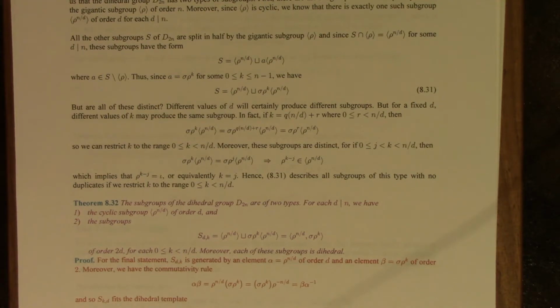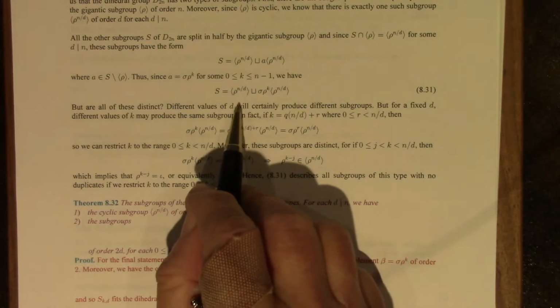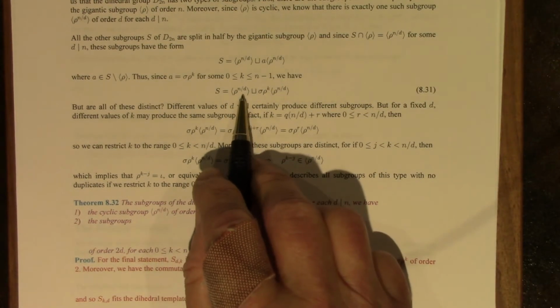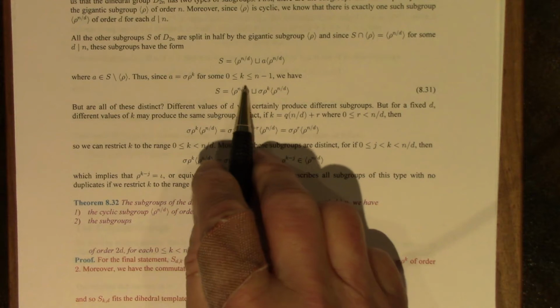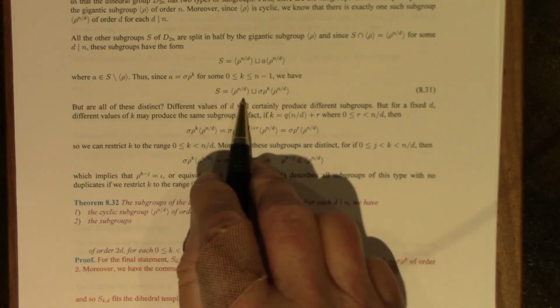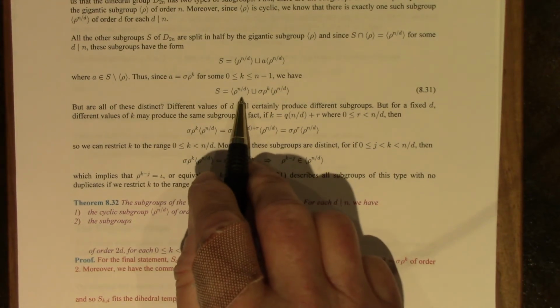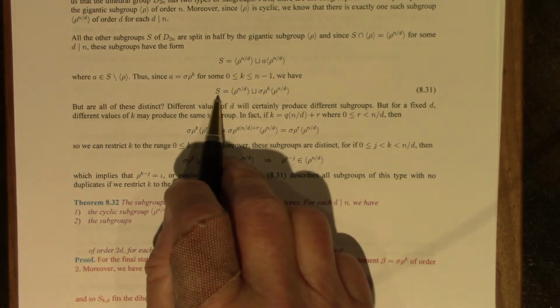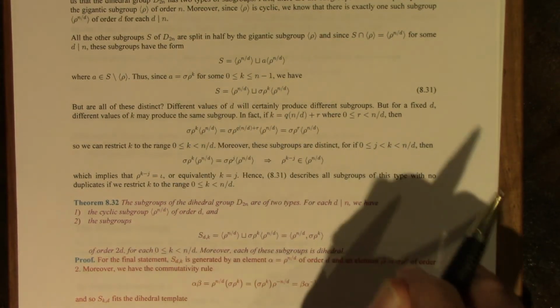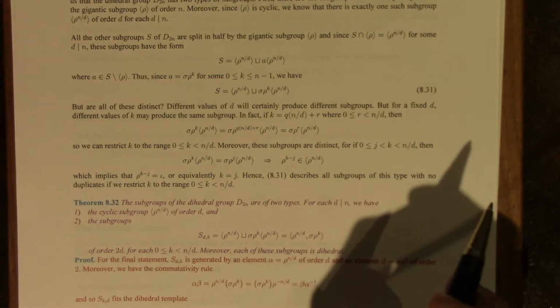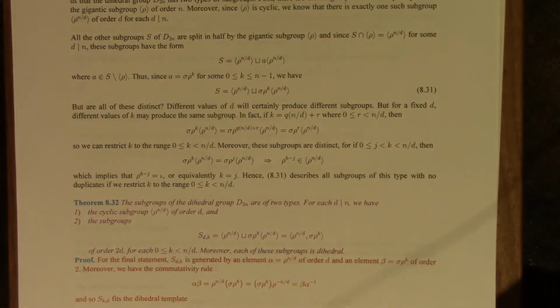It's a complete list of subgroups, but there may be duplicates. Well, if you change the value of d, you're going to change this subgroup, the one that doesn't involve sigma, and so you're going to get a different subgroup S. But if we fix d, the situation is different for different values of k. There may be duplicates.